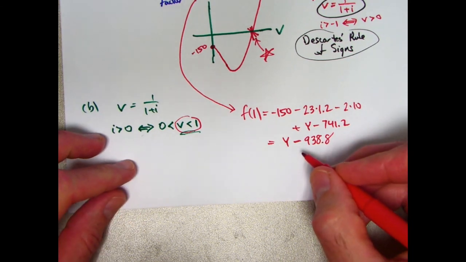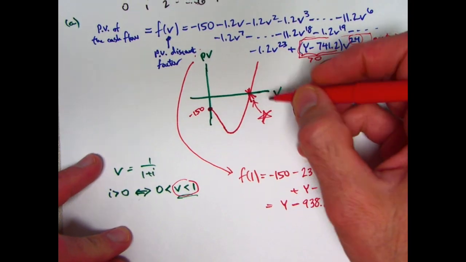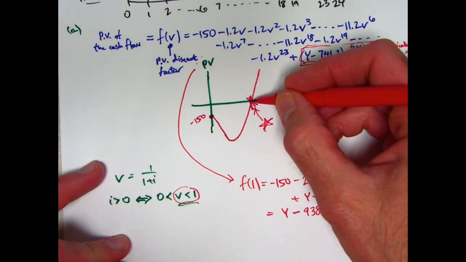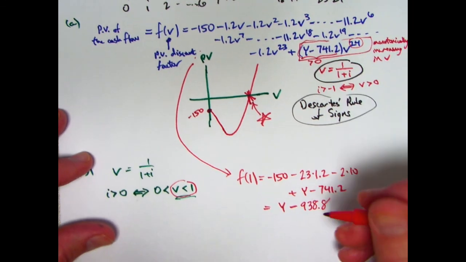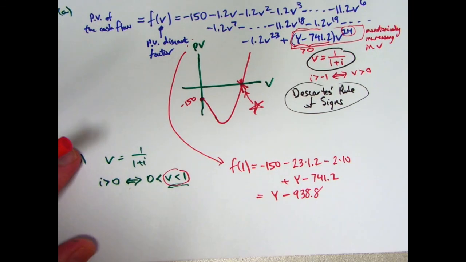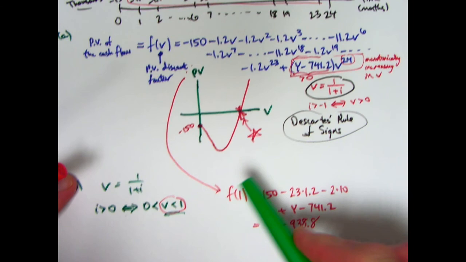Now think about this here. If Y is 938.8 thousand, that's going to make f of 1 equal 0. That's going to mean when V is 1, that's when the present value is 0. So if Y is anything bigger than that, like 940 or 950 or 960 or 970, then f of 1 is positive.